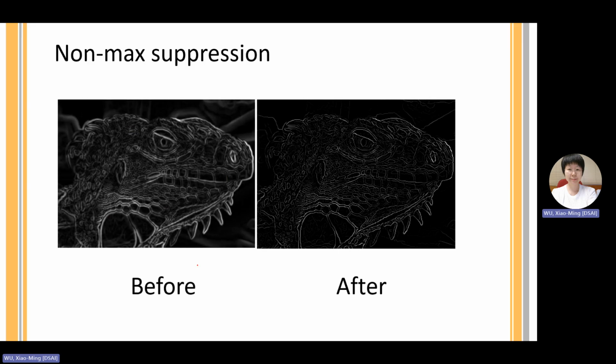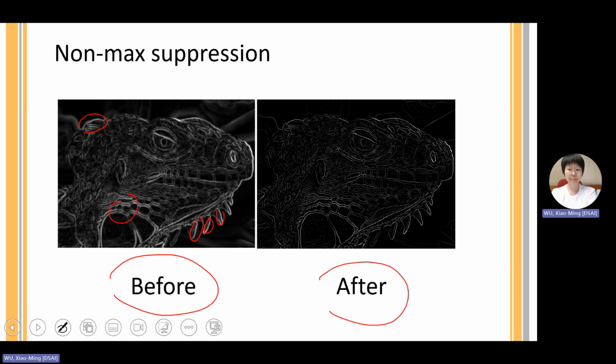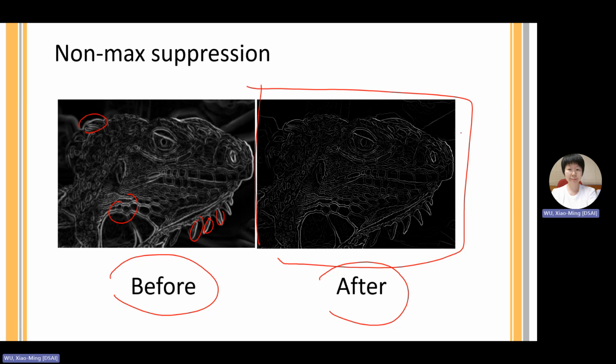Before non-maximum suppression, you can observe the thick edges. There exist those redundant edge pixels. After non-maximum suppression, we obtain a unique response for each edge.